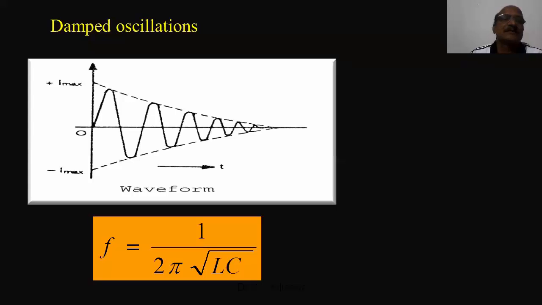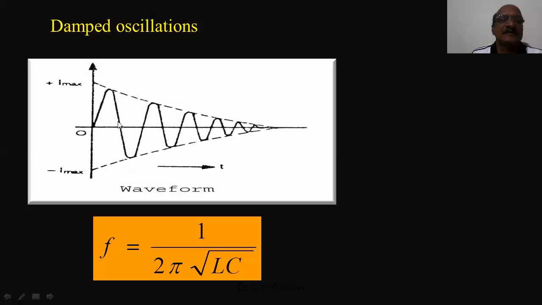But the electrical oscillations produced in this tank circuit are damped oscillations. Here, on the y-axis we have the current flowing through the capacitor. During the first cycle, the capacitor discharges, the discharging current increases, and then becomes zero. At that time, the magnetic field collapses and the current starts flowing in the reverse direction.